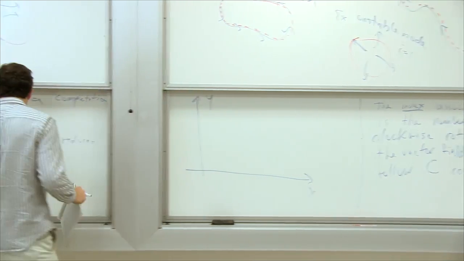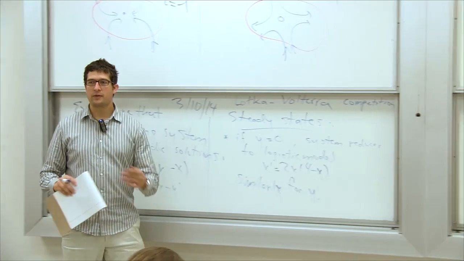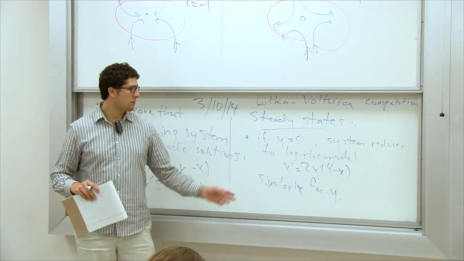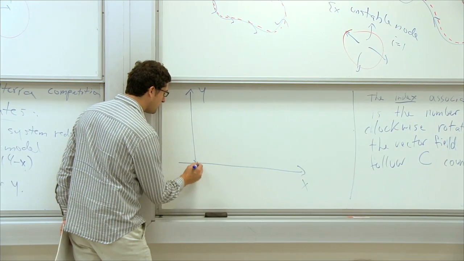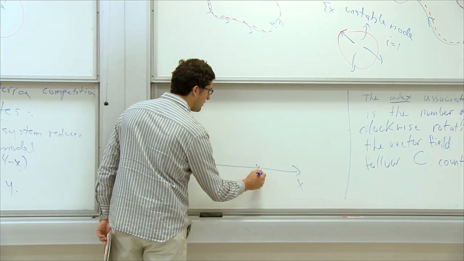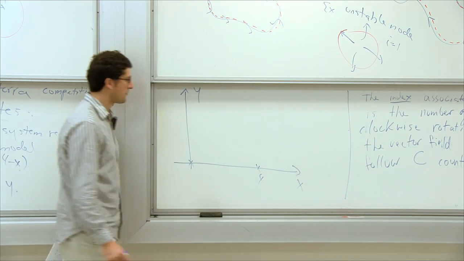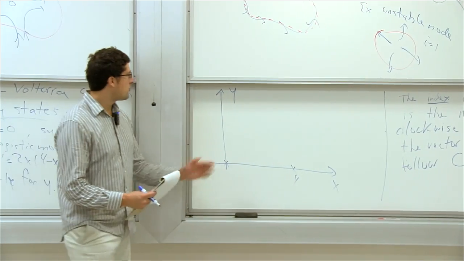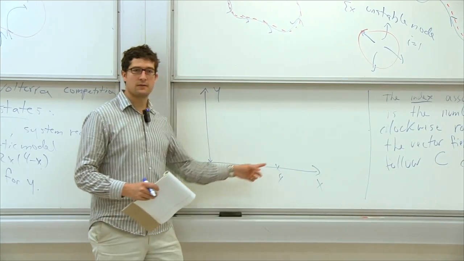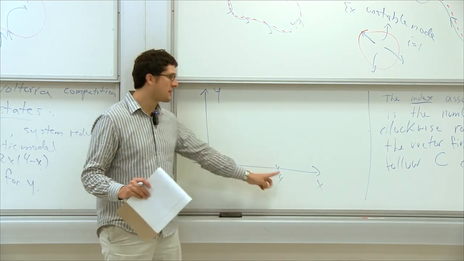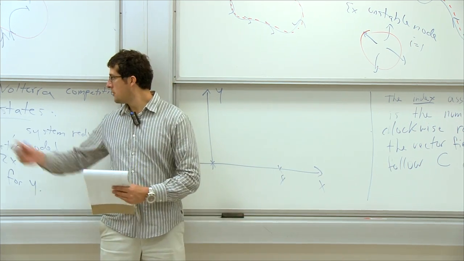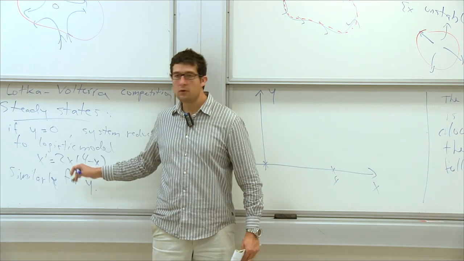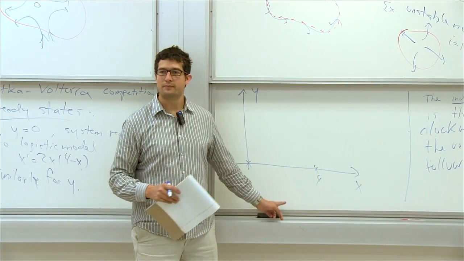If y is equal to 0, that means there's no rabbits, there's only sheep. And the steady state can be either 0 or 4. There can be two steady states. So we know these are actual steady states of the system, even of the two-dimensional system. If you set y equal to 0 and x equals 4 or x equals 0, you have a steady state.